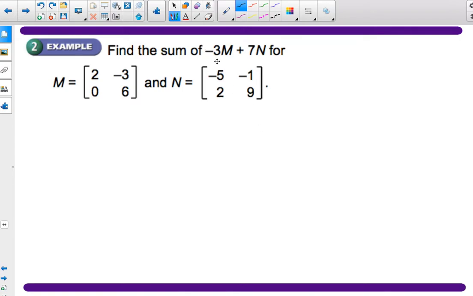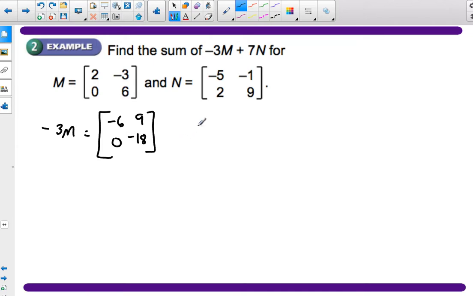first, I would go ahead and do right here, negative 3m is going to be equal to, you multiply this matrix by that scalar. So that's negative 6, this is positive 9, negative 3 times 0 is 0, and negative 3 times 6 is negative 18.